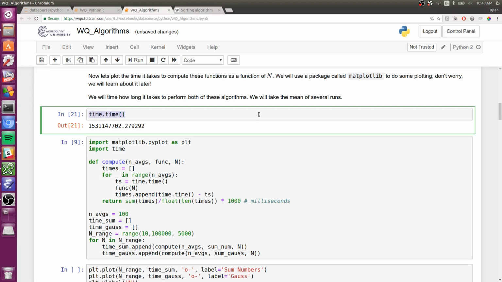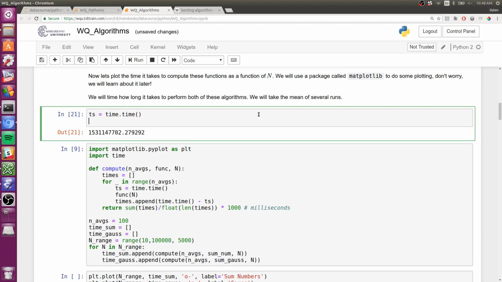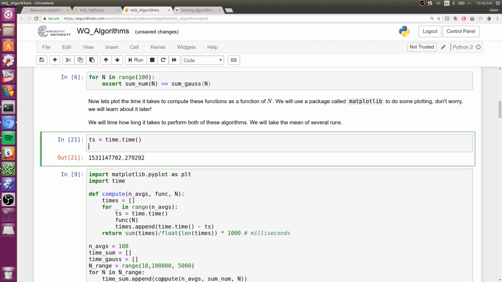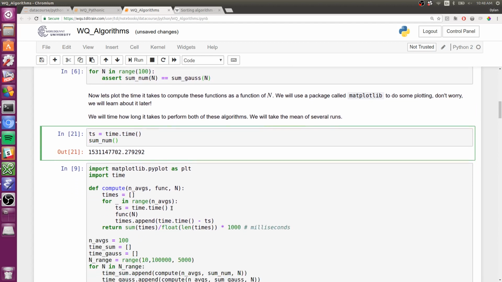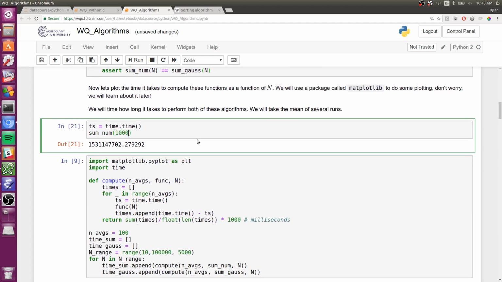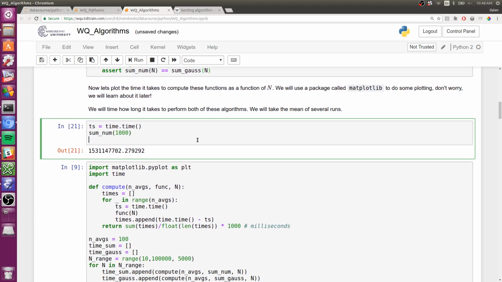So we set the current time in a variable ts, and then we use sum num with n, let's say 1,000, and then we compute the amount of time that has passed.